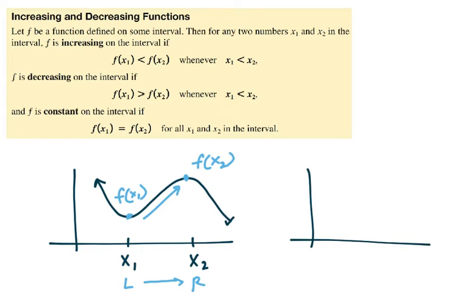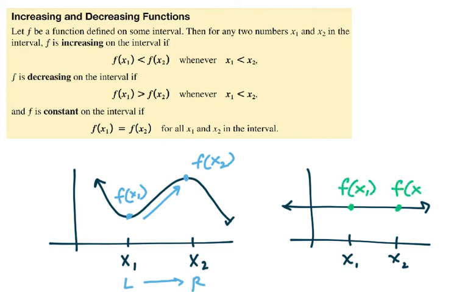Similarly, if we were looking at some sort of, I'll just draw a horizontal line, which is constant, x sub 1, x sub 2, what do we notice about the corresponding y values, f of x sub 1 and f of x sub 2? As we travel from left to right on that graph, notice f of x sub 1 equals f of x sub 2.